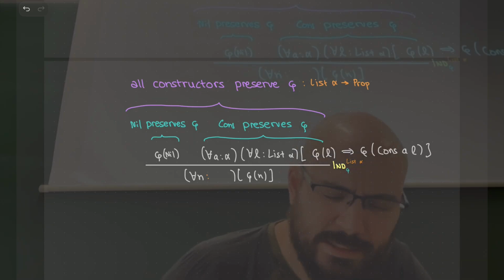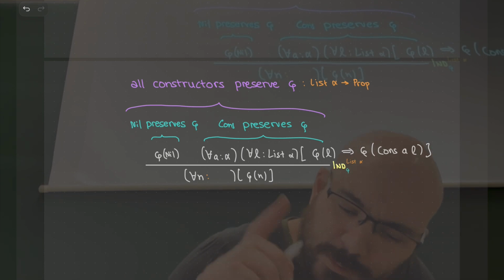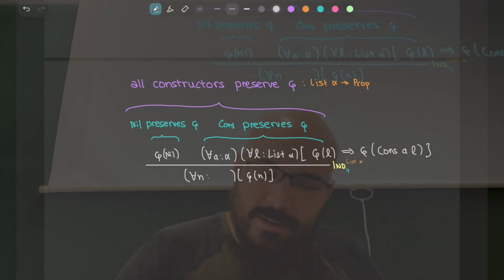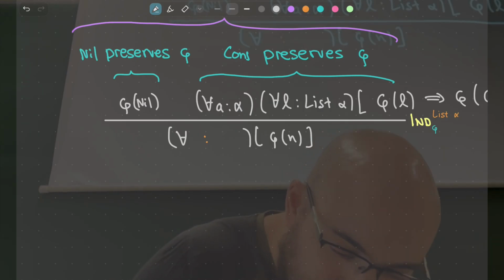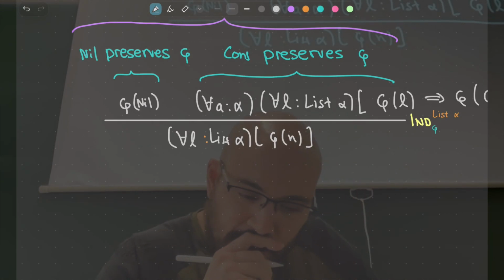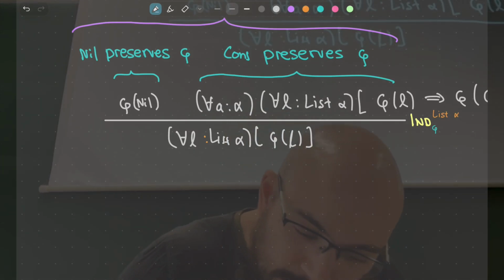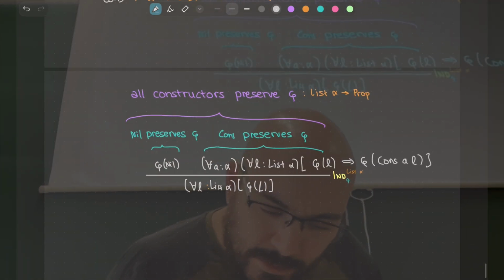Like zero, right? What else do I need to change? So this is not an N, this is like an L, and this is like list of alpha, and this is phi of L. Something else here?